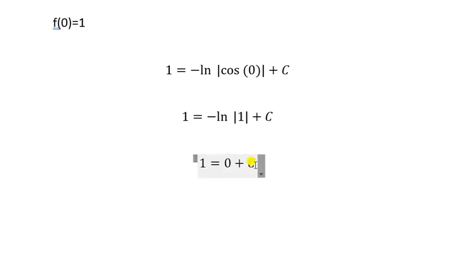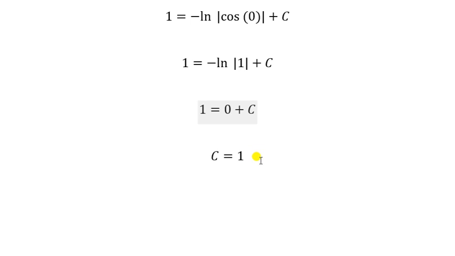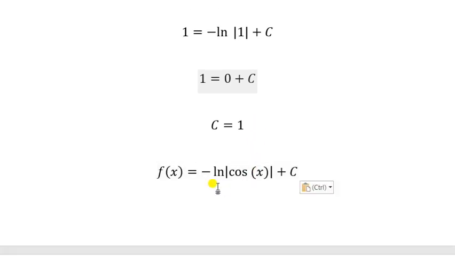Therefore, our constant c equals 1. So once we know what c is equal to, we can take the original function and substitute the c for a 1. So it will be minus the natural logarithm of cosine of x plus 1.